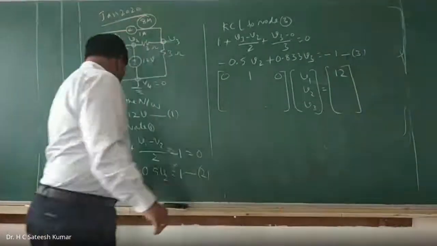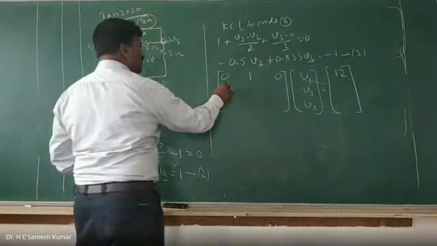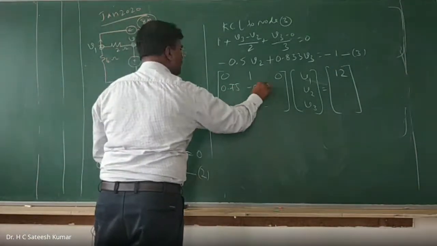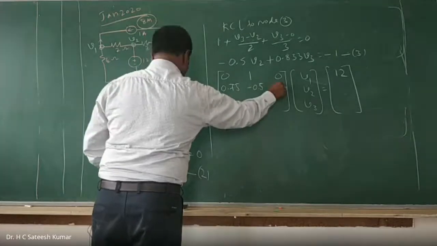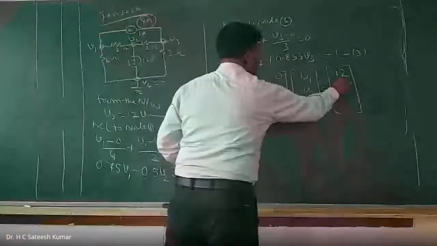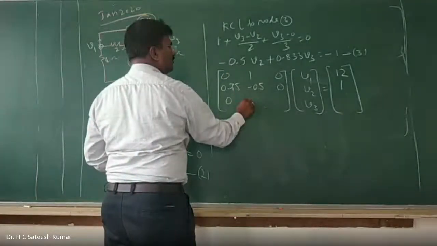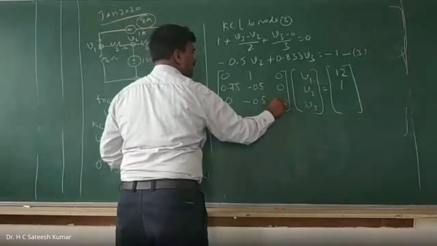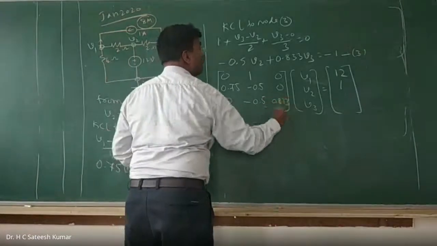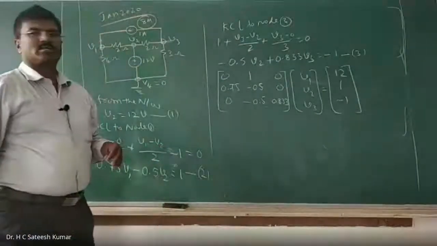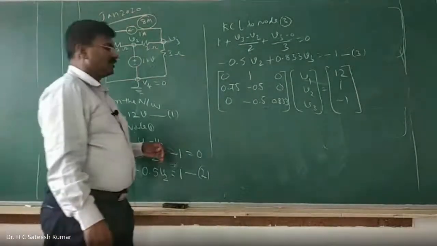From equation 2, V1 coefficient 0.75, V2 coefficient minus 0.5, V3 coefficient 0, and 1. And the third one: 0, V2 coefficient 0.5, 0.833, and minus 1. Okay, right. We can write it as V1, V2, V3.